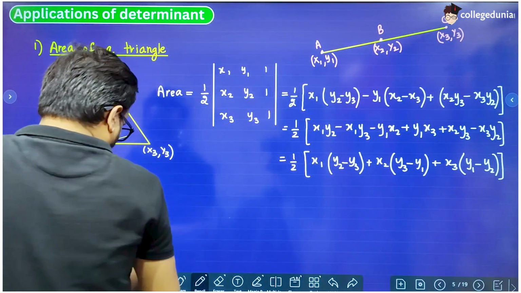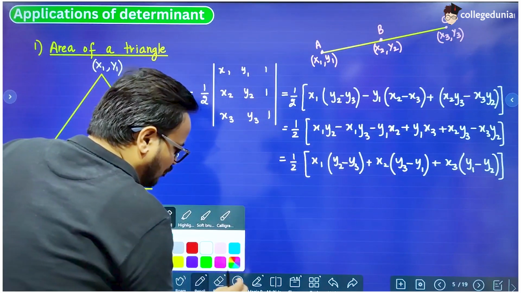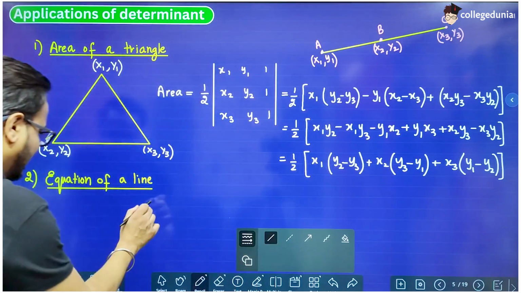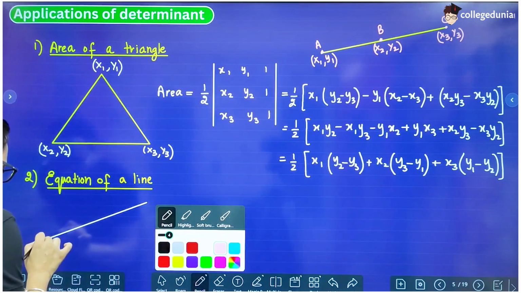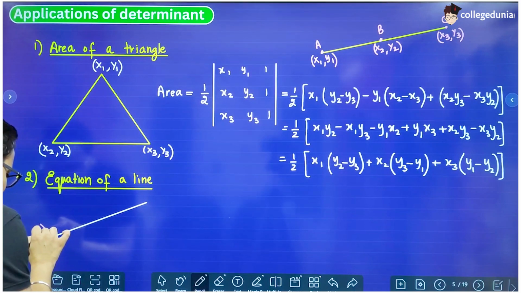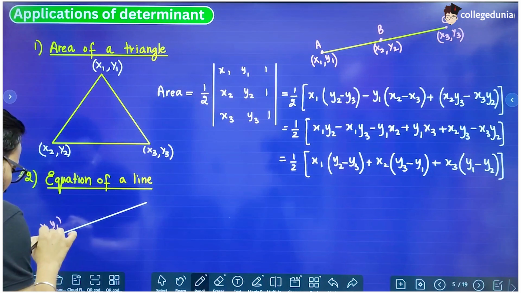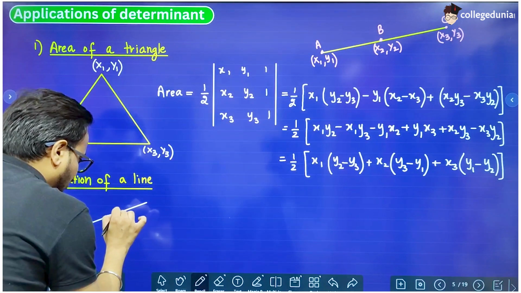So, if 2 points are given and we have to find the equation of a line passing through the 2 points. Suppose this is a line and 2 points are given on this line. One is x1, y1 and one is x2, y2.